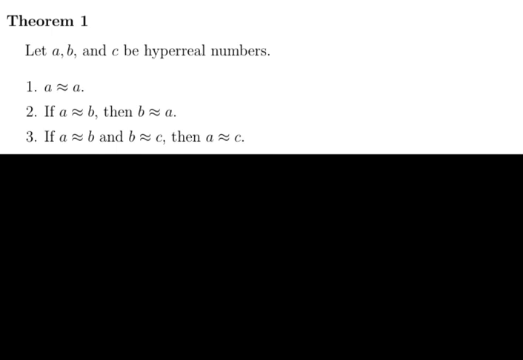So A is infinitely close to itself. If A is infinitely close to B, then B is infinitely close to A, and then the transitive property: if A is infinitely close to B and B is infinitely close to C, then A is infinitely close to C. So theorem 1 says that this infinitely close symbol behaves quite similarly to our equality symbol.